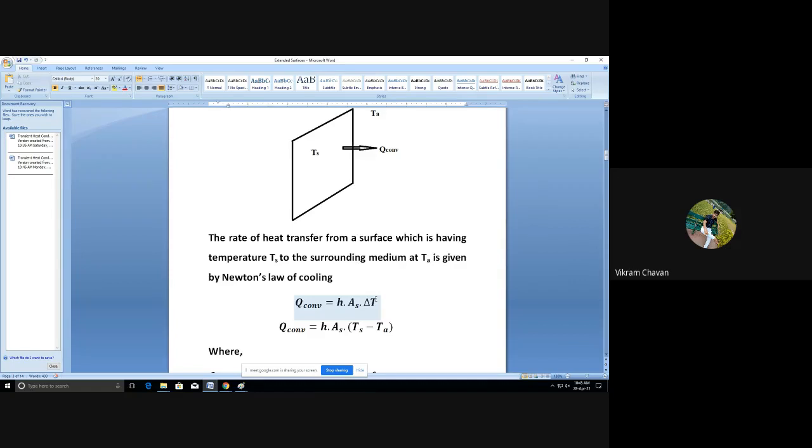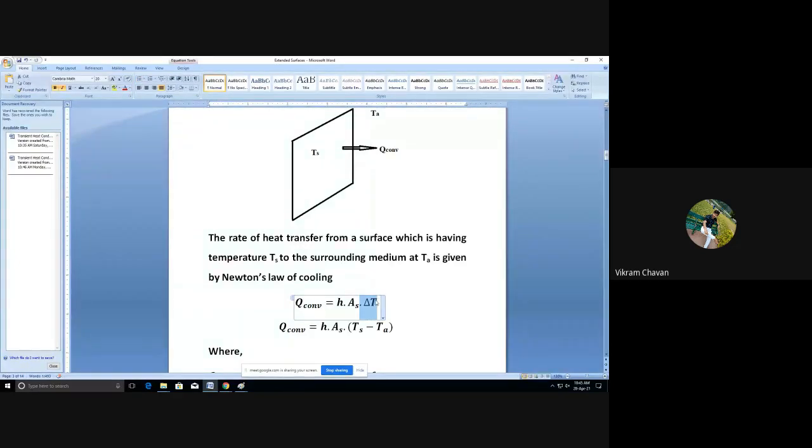In mathematical formulation we can write Q convection is equal to h multiplied by As multiplied by delta T. Here delta T means the temperature difference between the surface and surrounding.